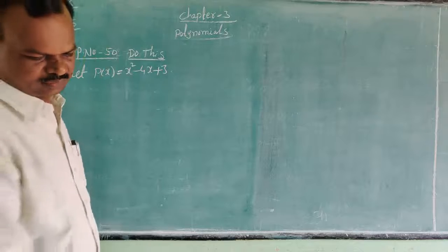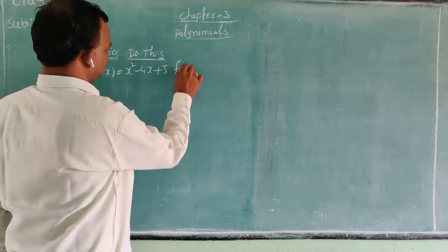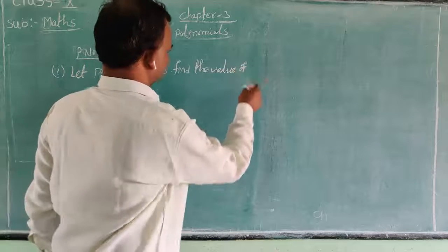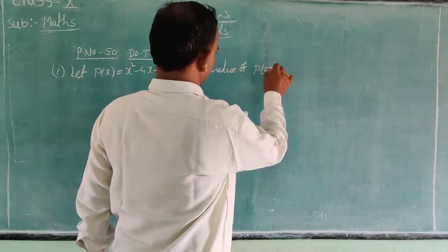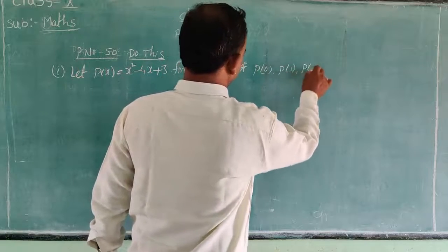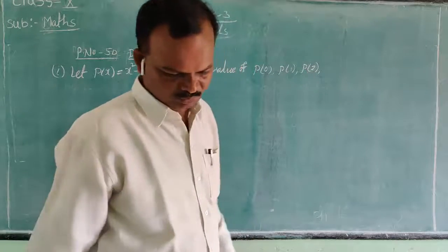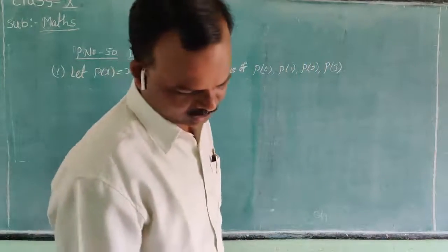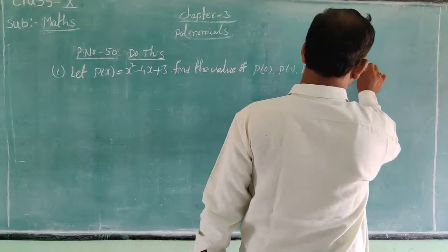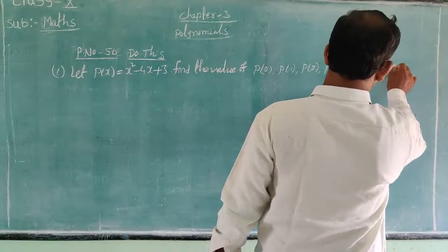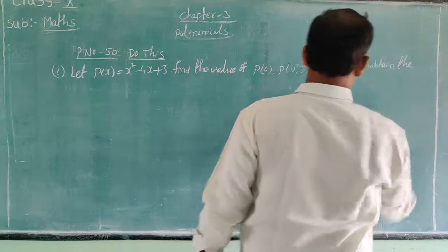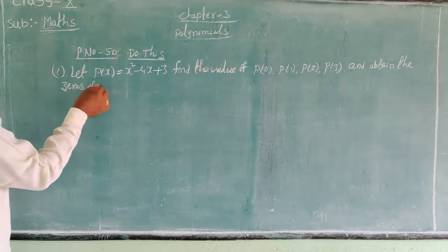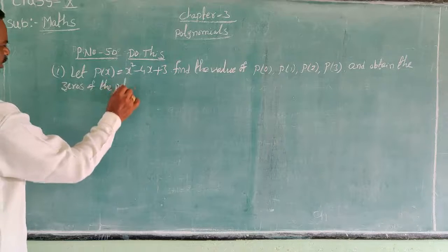Find the value of p of 1, p of 2, p of 3, and obtain the zeros of the polynomials.